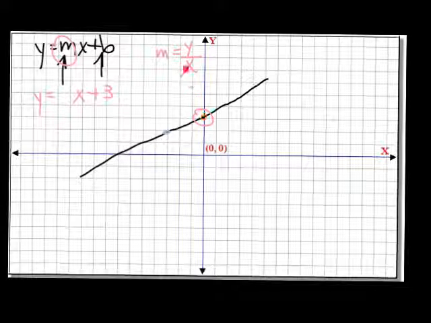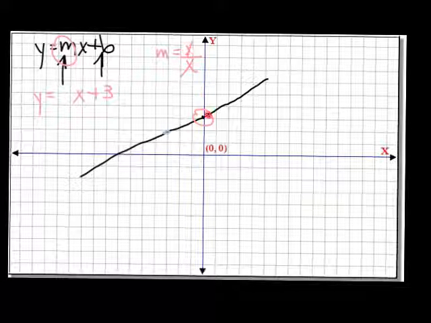Well, according to my slope, I look at my y first. So I go down 1. So down 1 means I went -1 from my y-intercept. Then I went on the x, 1, 2, 3 over. So I went in the negative direction 3.